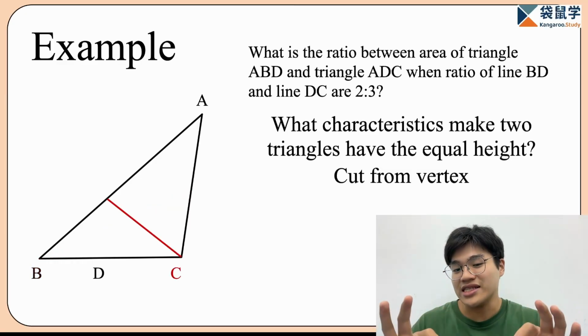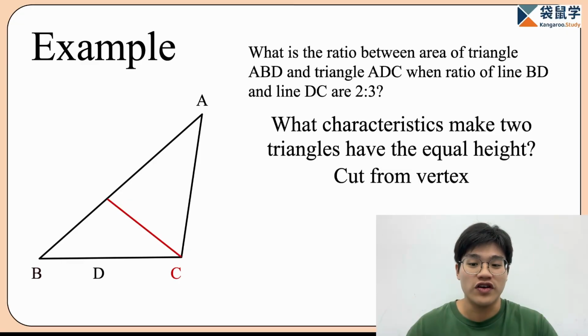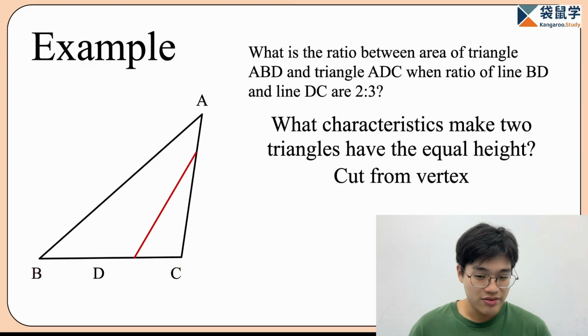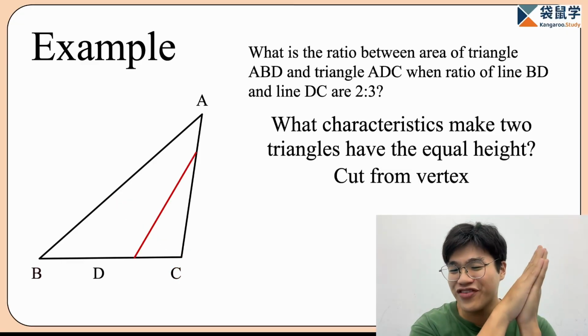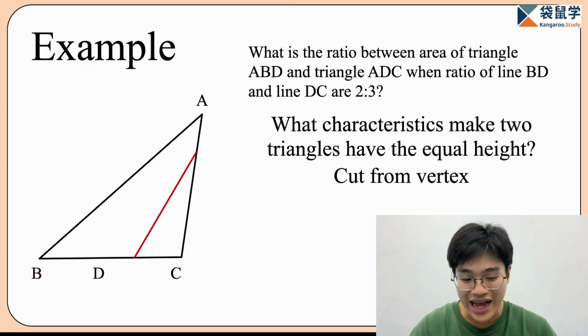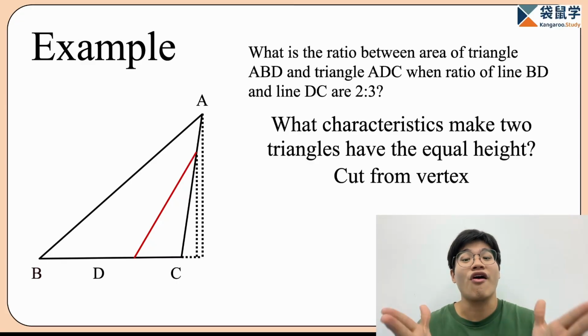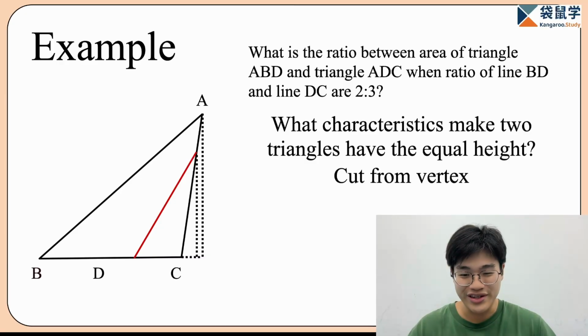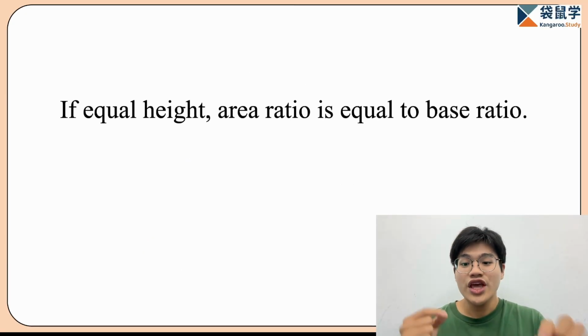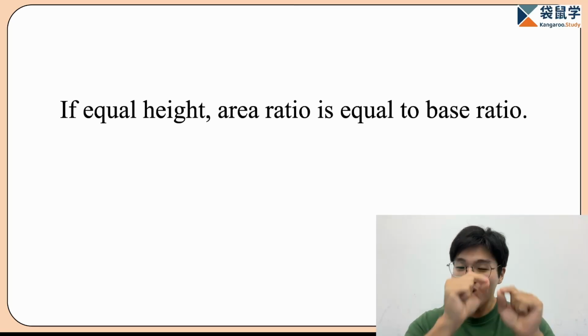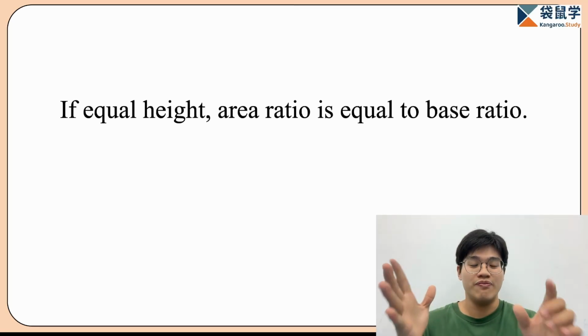Let's see the case where we don't cut from the vertex, and we cut from here instead. One of the shapes is not even a triangle. And let's look at the height here. The heights are actually not equal. So with these two examples, we can learn that if we have equal height, the area ratio is equal to the base ratio.